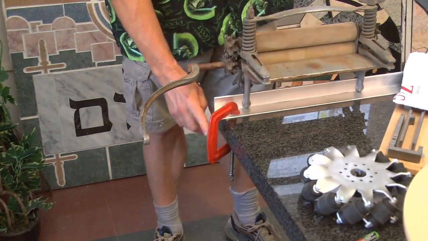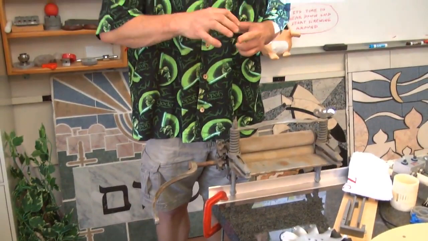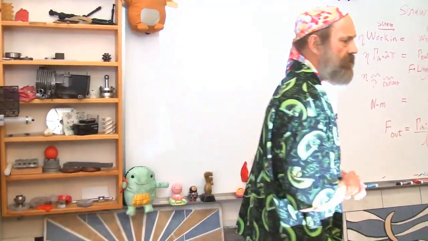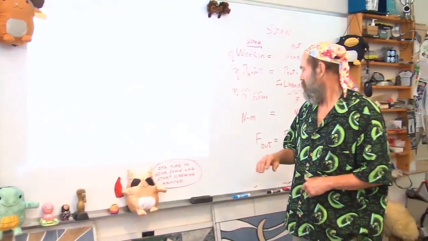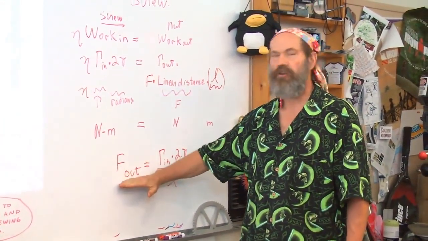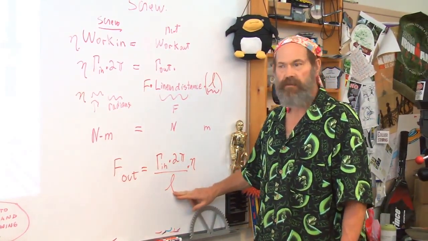I could have done the demonstration where I take the clamp and put it on my finger and apply a little bit of force, and you'd hear the bone shattering, but that would not be a good thing. Okay? So this is the wonderful power of the screw. You get a huge output force if you have a fine lead.